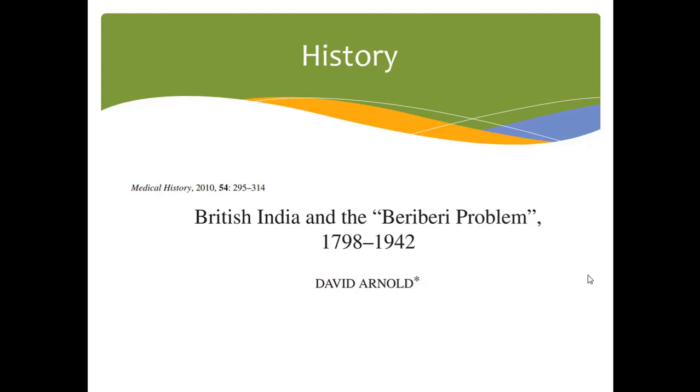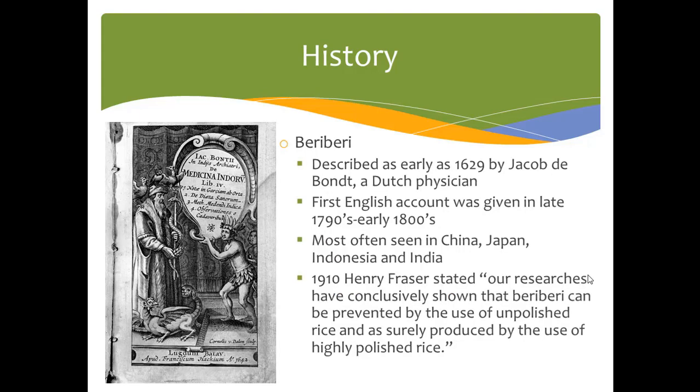And so this happened in India and Southeast Asia during the late 1700s to early 1800s, and wasn't actually fully resolved or uncovered until the 1940s to 1960s, and still occurs today actually, particularly in lower income, undeveloped areas of Southeast Asia. So beriberi, of course, was first described as early as 1629 by Jacob de Bont, who was a Dutch physician.